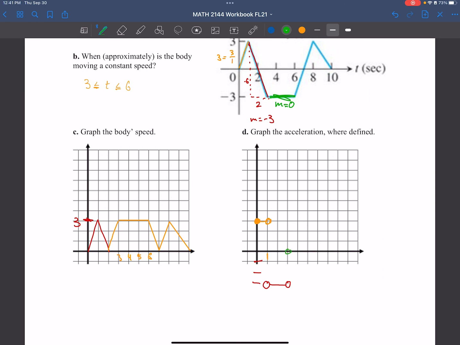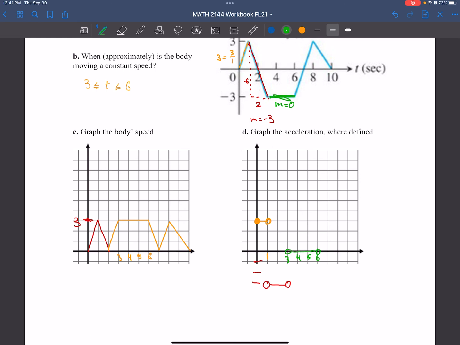So the slope is 0 from 3 to 6. 3, 4, 5, 6, just keeping my scale correct. So you can see that's where the graph of the acceleration is at 0, because what this represents right here is the vertical axis is the slope of the original function here being velocity. So just one more derivative.